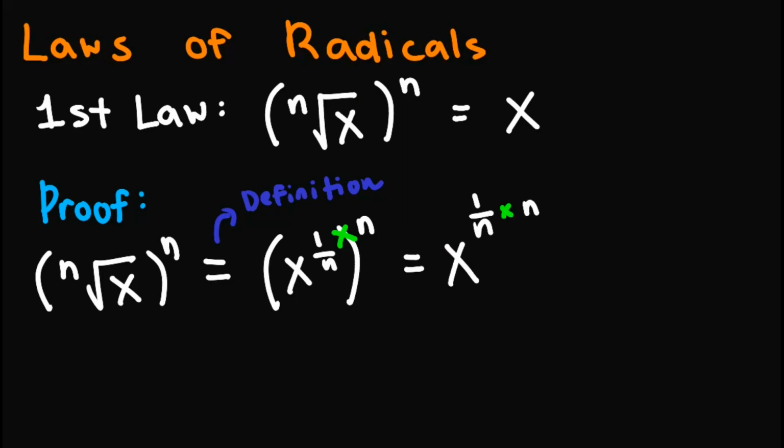And we know that in multiplying fractions, we just cancel this one out. So we will have x raised to 1, or since this is an identity exponent, this one is simply x. So we have come up with the first law. This one to this one.